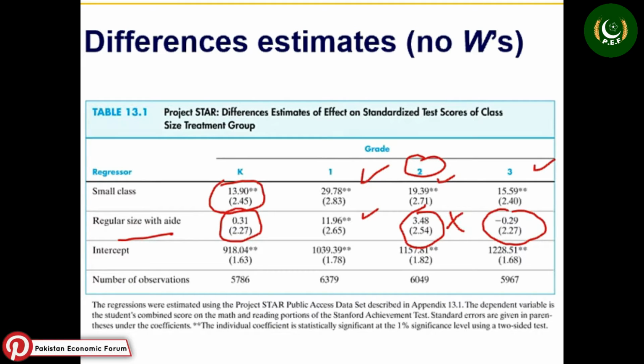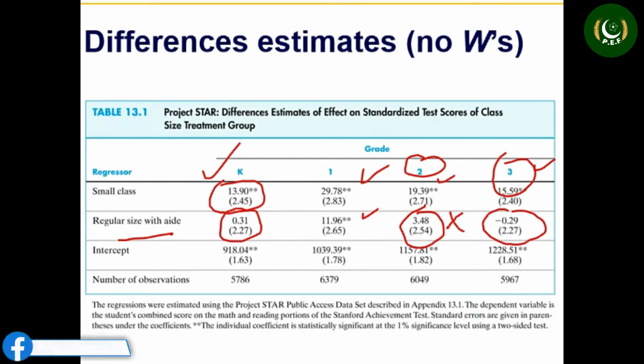But it has been pointed out that this difference of around 14 points basically remains the same over time. If it was initially 14 points, it remains more or less 14 points, 16 points. Over time it does not improve as compared to regular class size.